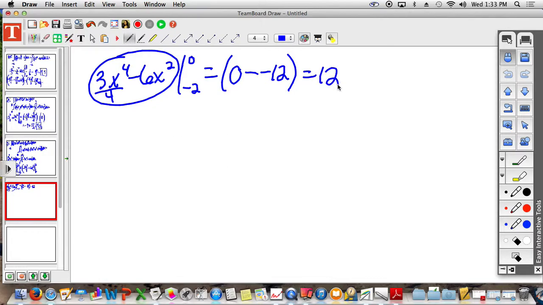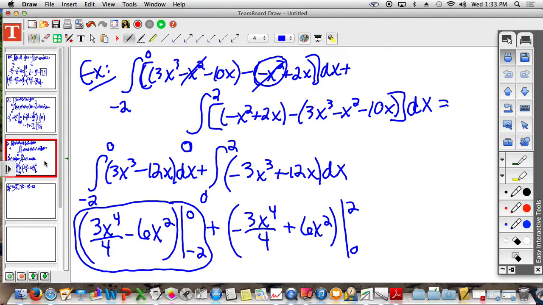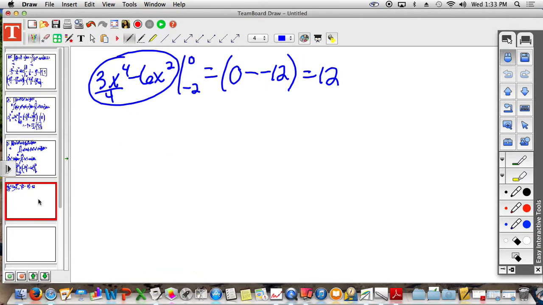Now we need to find the area of the second region, which means that we need to evaluate this integral right here, the second integral from 0 to 2. I think I can handle transferring it to this page. So we have a negative 3x to the 4th over 4 plus 6x squared, and you are going from 0 to 2, right?